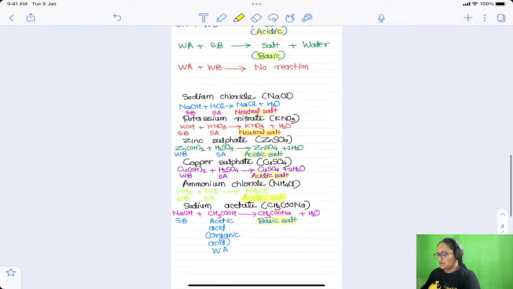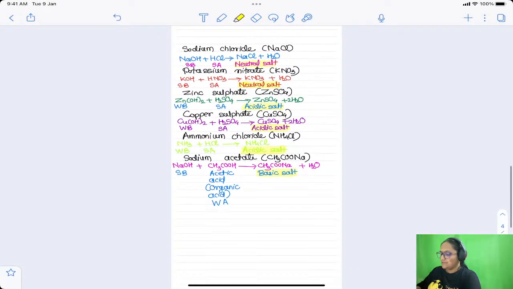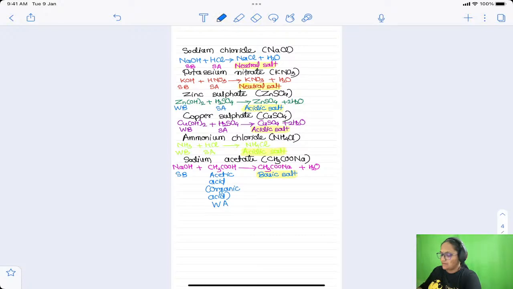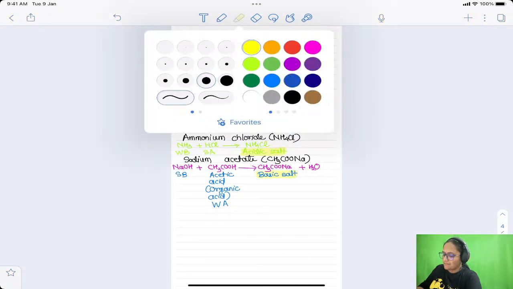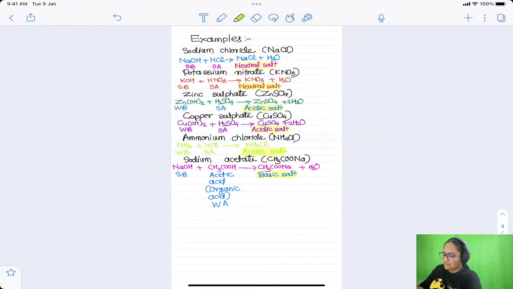Just take a screenshot of this page now. These are the examples for the salts. Take a screenshot, everyone.